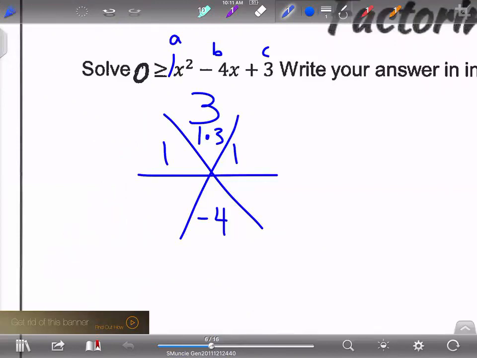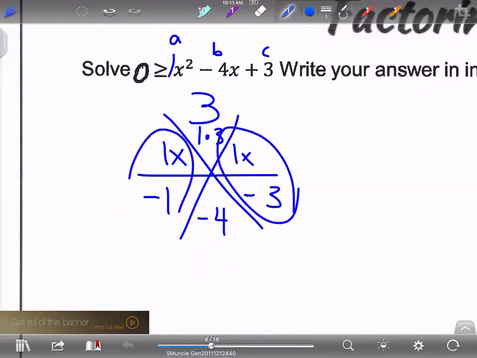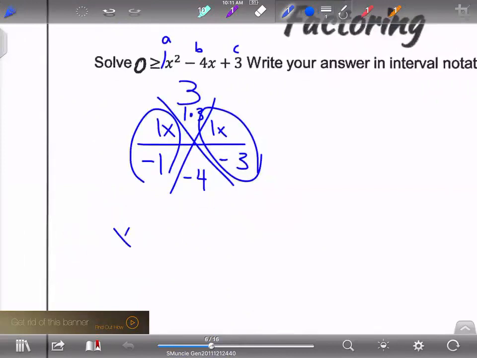Now we're looking for two numbers that multiply to give us 3 and add to give us -4. Perfect. -1 and -3. Add your x's to the top. Can you reduce? No, so we're going to have x minus 1 as a factor, x minus 3 as a factor. Then you're going to set them both equal to 0.